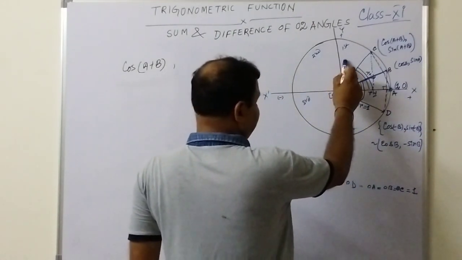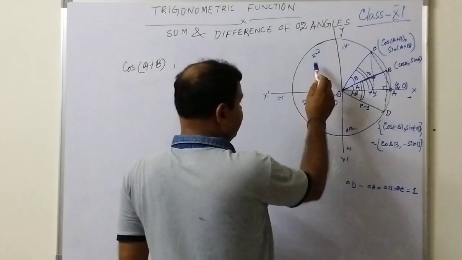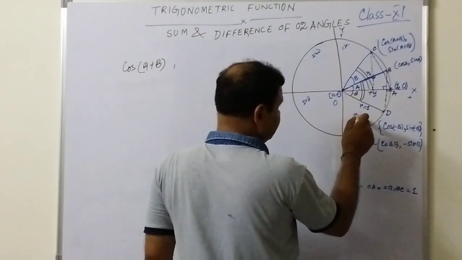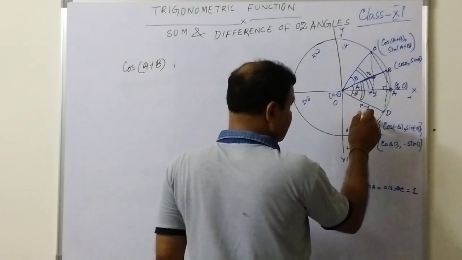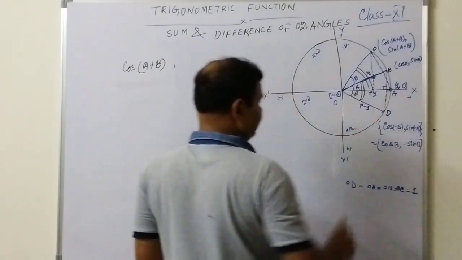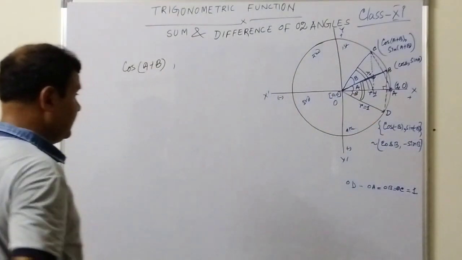First quadrant all positive, as you might know, and this one sin positive, cos negative, this is both negative, and this is sin negative, cos positive. You should remember it like this.